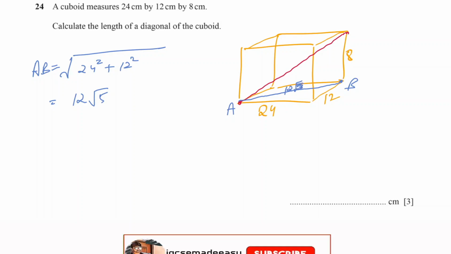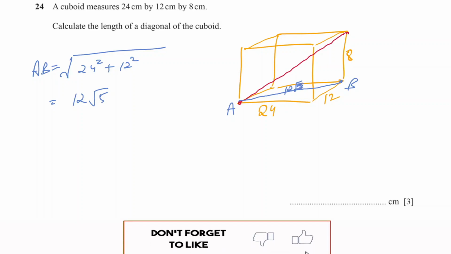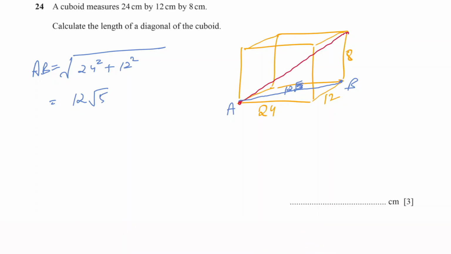Now let's focus on this triangle. We can use Pythagoras to find out. Let's say this is AC. So AC is the length, the diagonal that we have to find.